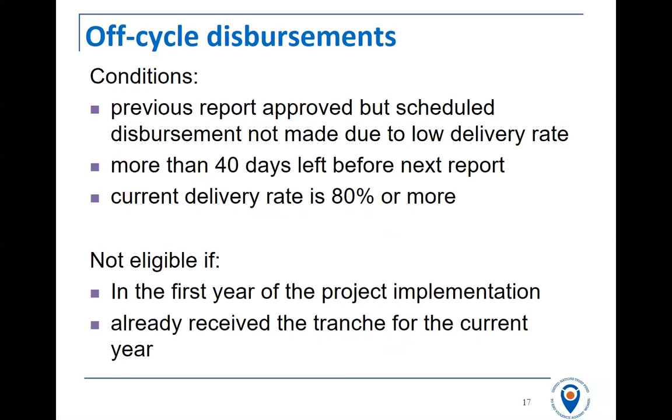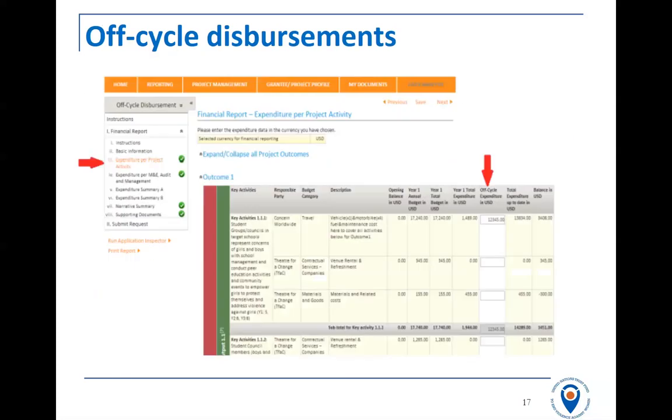But we do have methods to give you the next installment at off-cycle moments. And in these cases, there is a template to request an off-cycle disbursement, which is similar to a regular financial report, but it gives you a separate column.